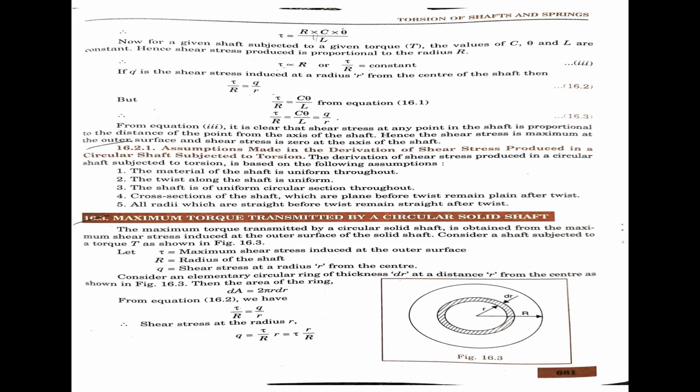Then the area of the ring, small dA, equal to 2 pi r dr.